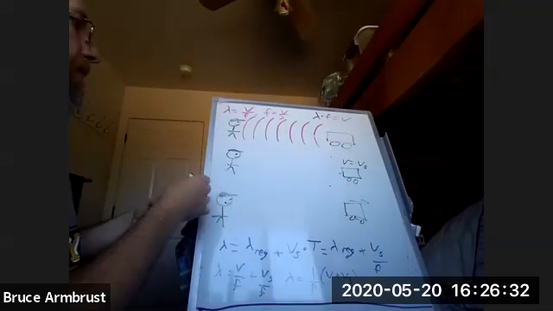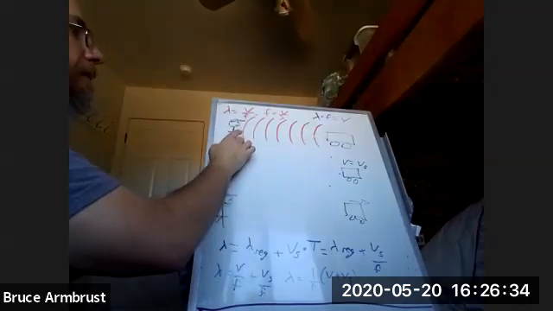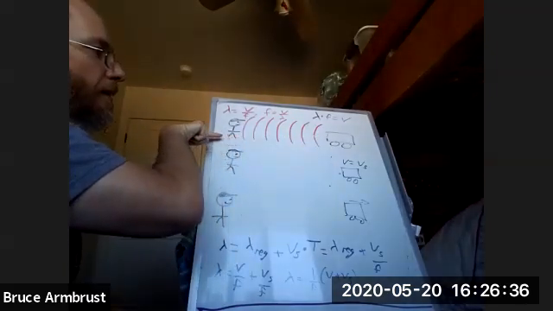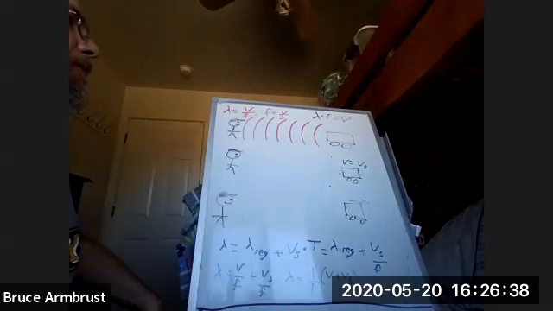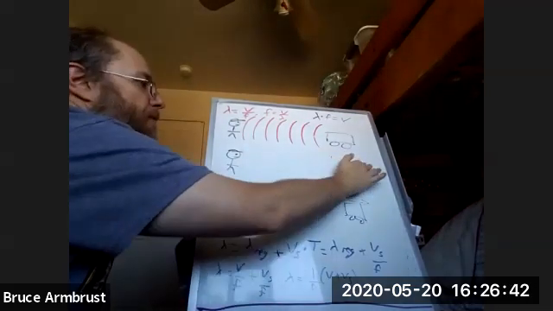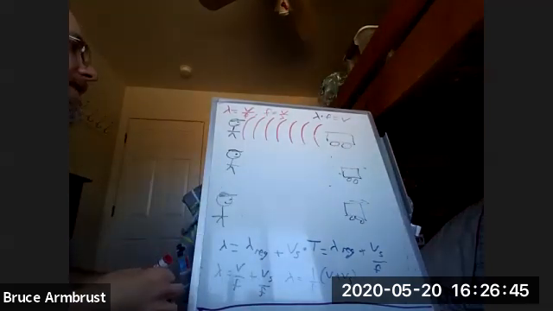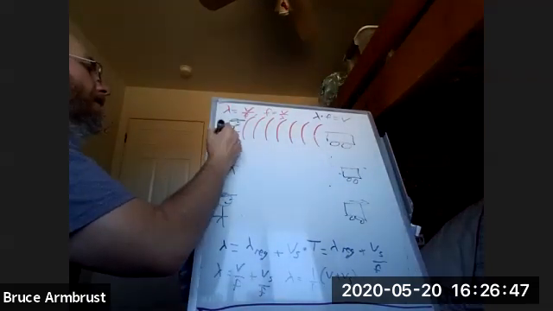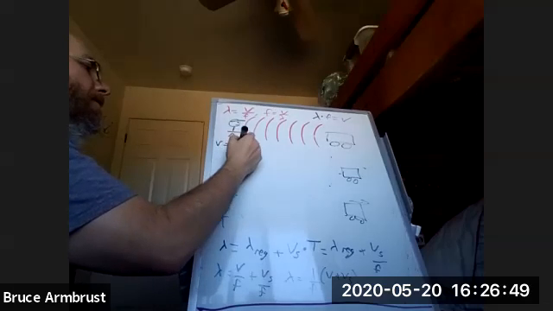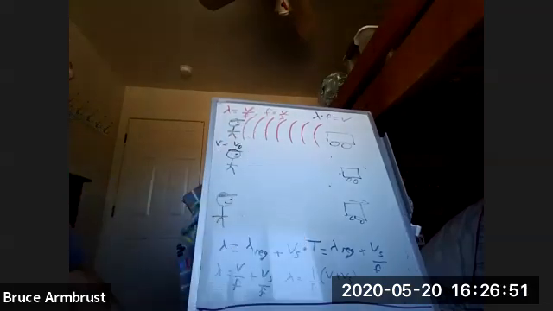So again, we've got our waves set up here, but now let's start walking towards the source. All right, so let's give ourselves a velocity, and we're going to call it V sub O. So the speed of the observer.